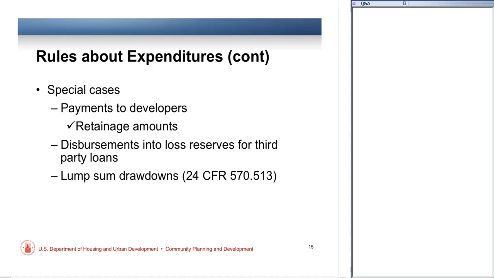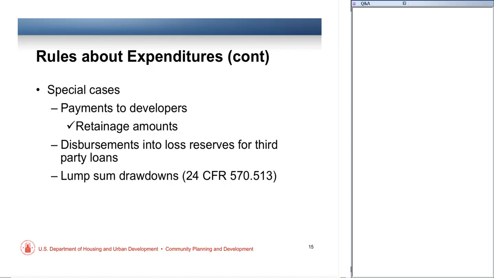Lump sum drawdowns have been an issue since day one, when grantees realized in many cases they could use the authority under our regulations at 570.513 to draw down in a lump sum an amount to be placed into an account with a financial institution, who would then agree to do certain things, such as making loans they wouldn't make otherwise, or making loans at a rate below what they would normally charge.